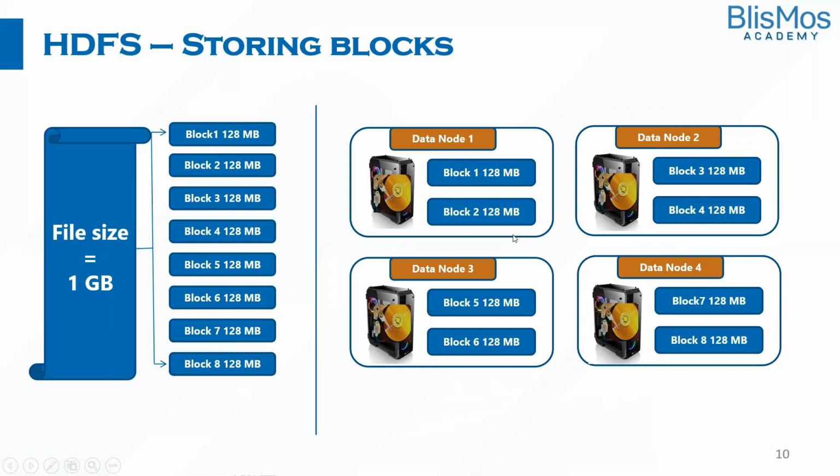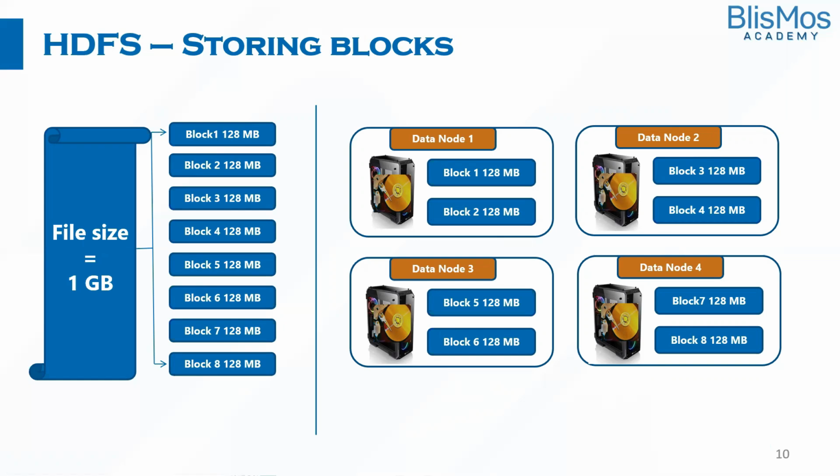We also understood the data node is the one which is physically storing the data. Assuming that we have a file size of 1 GB, this file is split into 8 blocks based on the default block size of 128 MB. How exactly is the data stored? As we know, HDFS supports distributed storage.